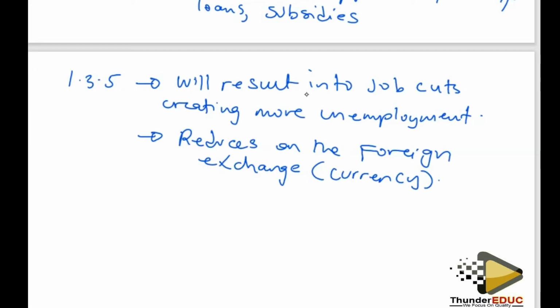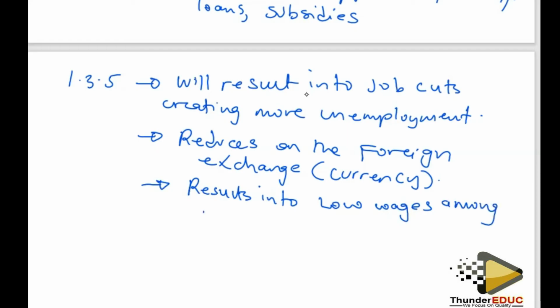Another point we could as well give, it results into low wages among the employees, because if there is low maize production, that means farms or companies dealing in maize won't have enough money to pay better wages.